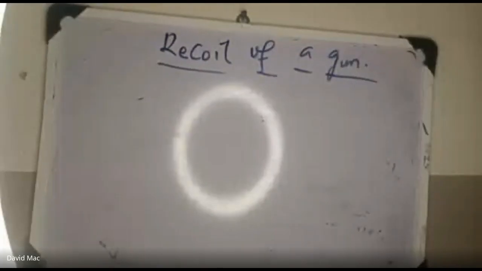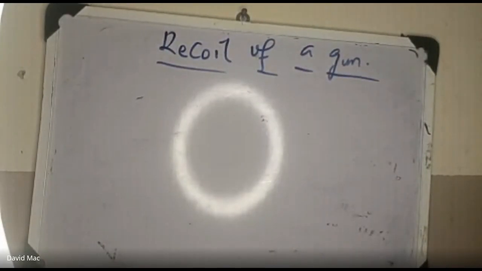All right. So let's continue. What was I saying? The momentum of the gun is M2 V2, where M2 is the mass of the gun and V2 is its velocity.